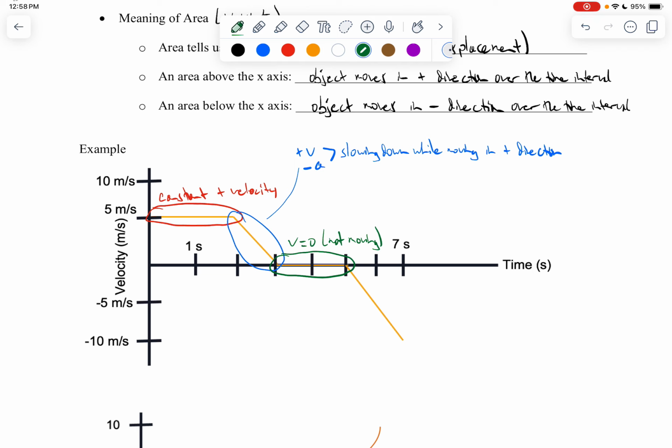So both this section and our one in red there are showing cases in which we have a slope of 0, so no acceleration. No acceleration in the red case meant we were still moving at that 5 meters per second speed, whereas here our slope is 0, but we're along the x-axis. This means we have an acceleration of 0, so it's constant, but we have a constant speed of 0, so we're not moving.